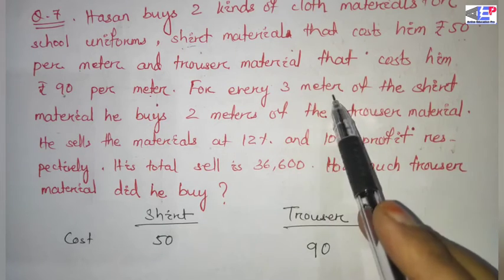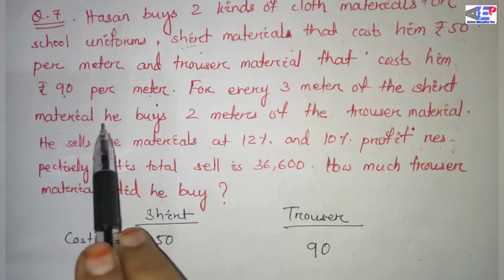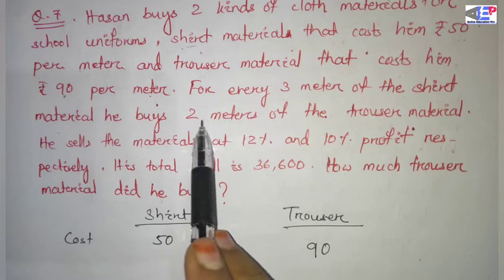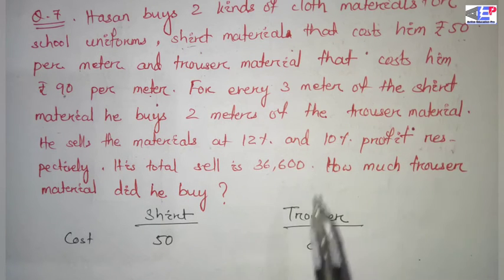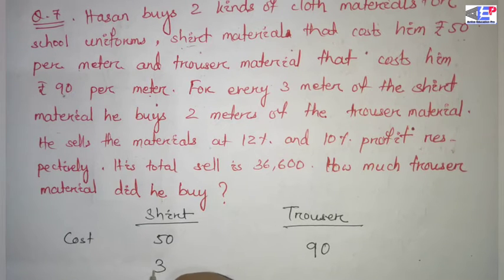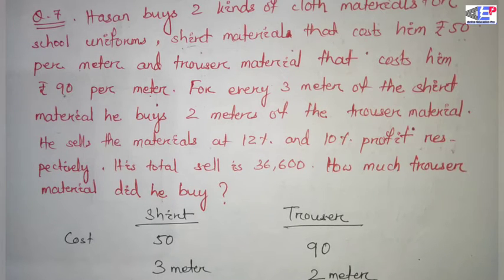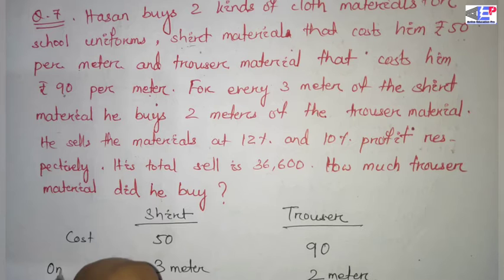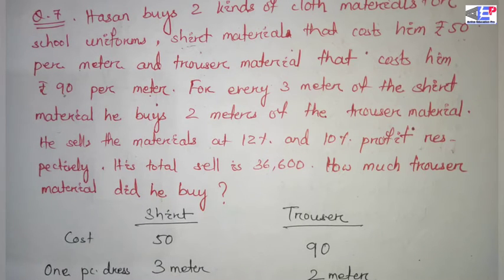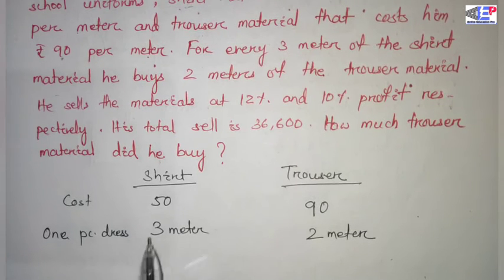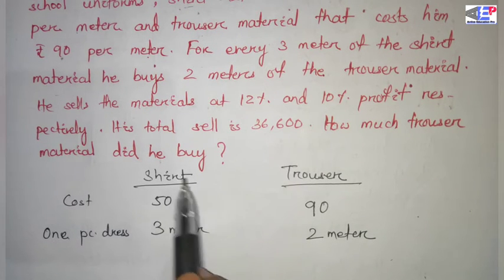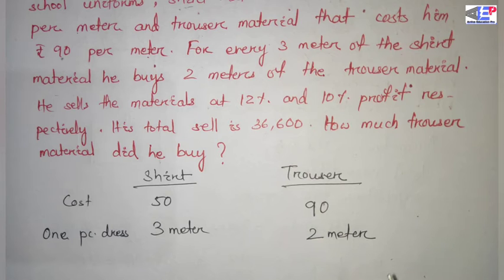For every 3 meters of the shirt material, he buys 2 meters of the trouser material. 3 meters of shirt with 2 meters of trouser, per 1 piece dress. For 1 piece uniform, Hassan buys 3 meters of shirt material and 2 meters of trouser material.